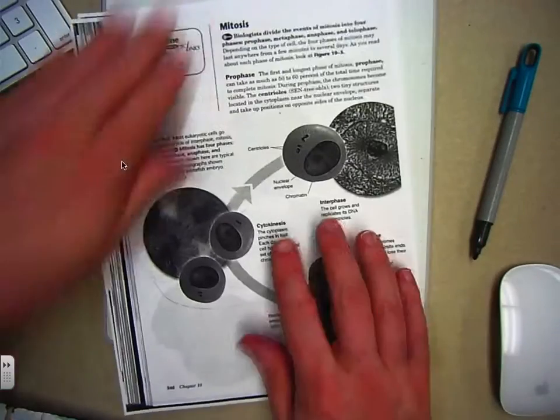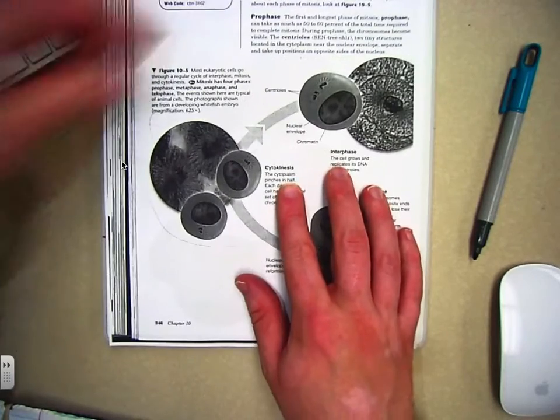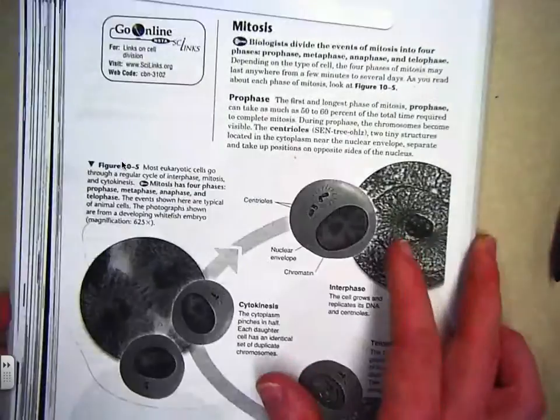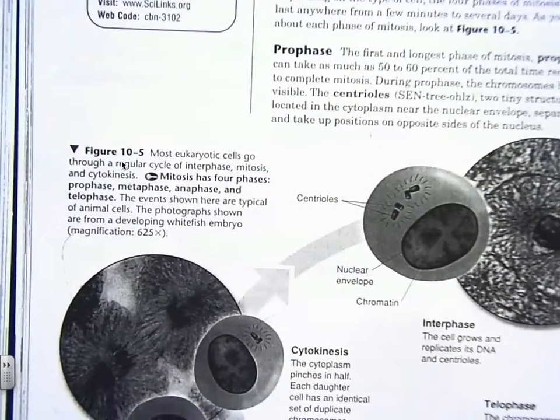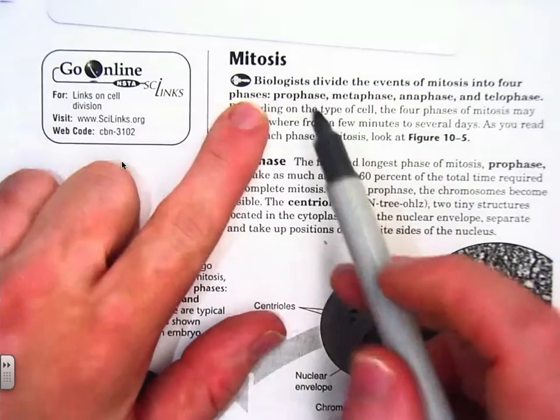So let's read together. I recommend that as we read, you put it on pause and just look over the book and the picture to make sure you understand each step of the process. All right, here we go. The first one is prophase. Mitosis.